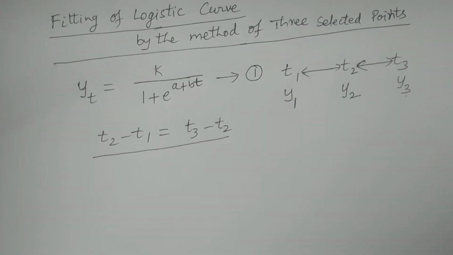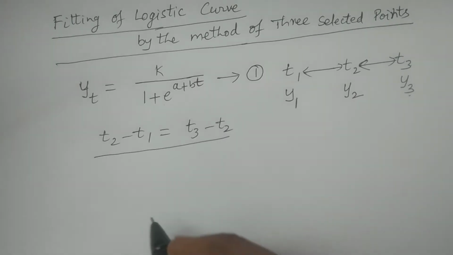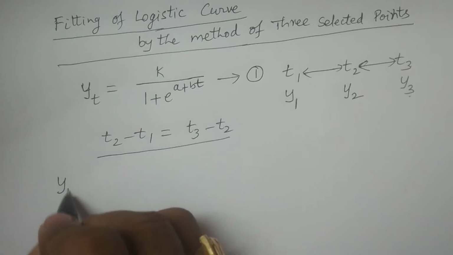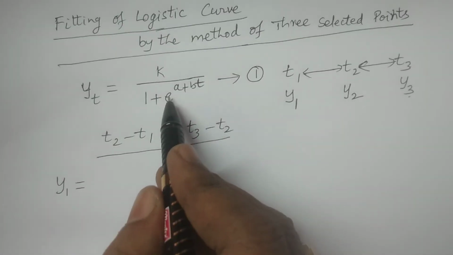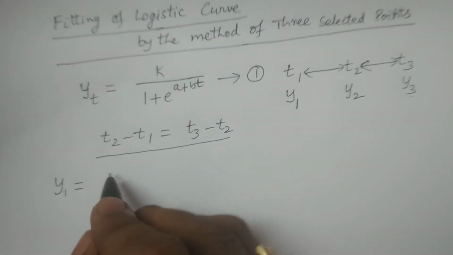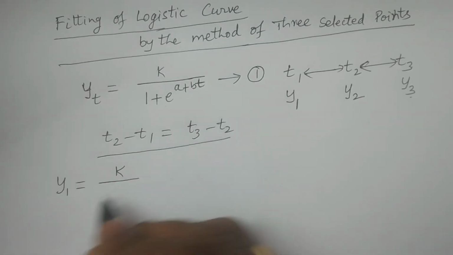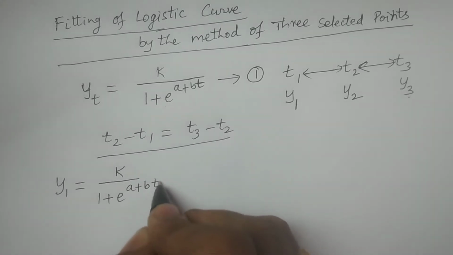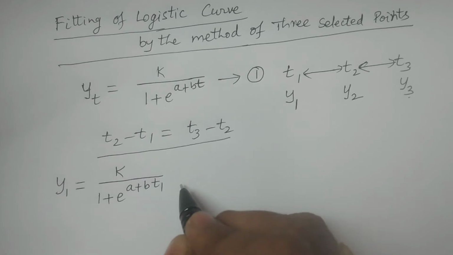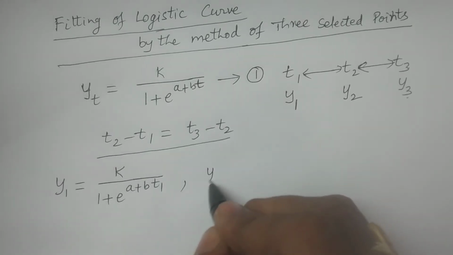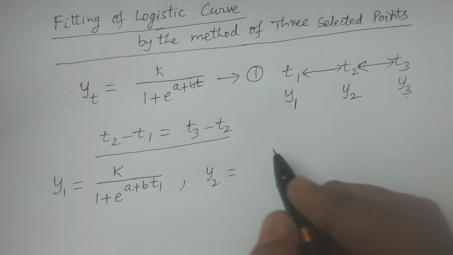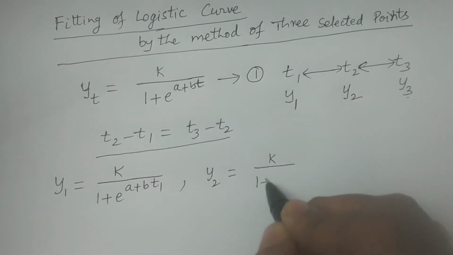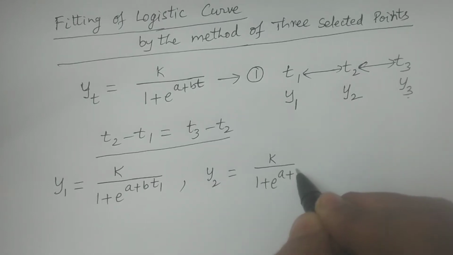Thereafter I consider the time period t1 and write the value of y1 from the logistic curve: y1 is equal to k divided by 1 plus e power a plus b t1. Similarly, y2 at time point t2 is k divided by 1 plus e power a plus b t2.